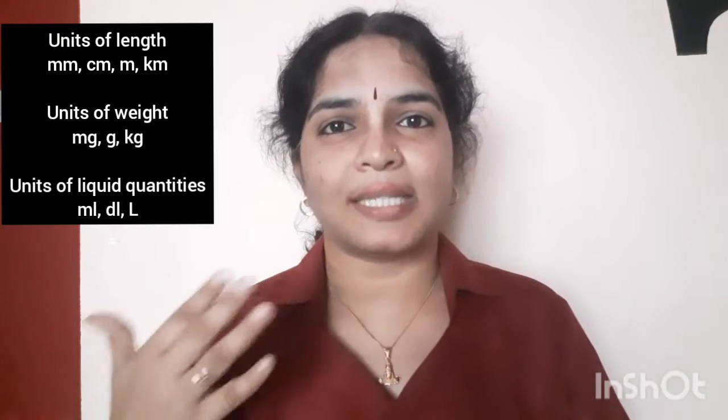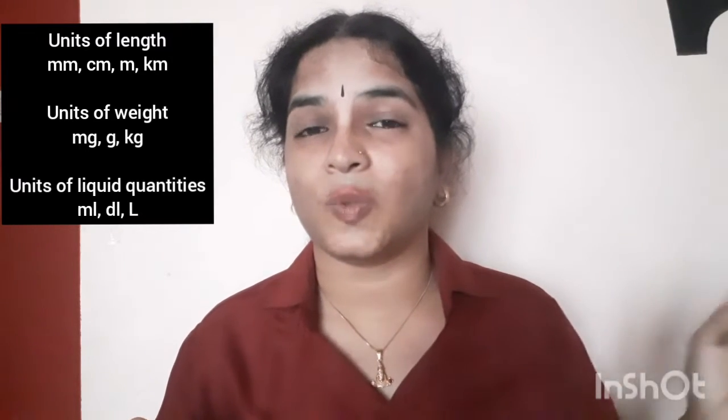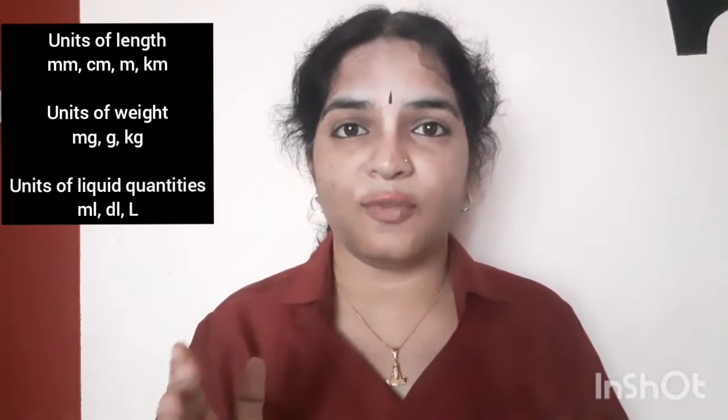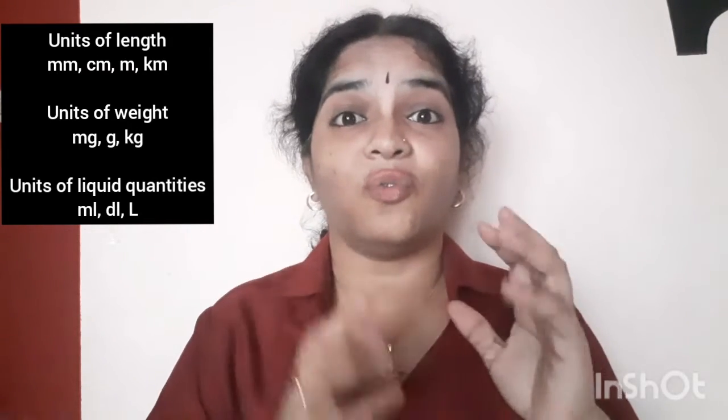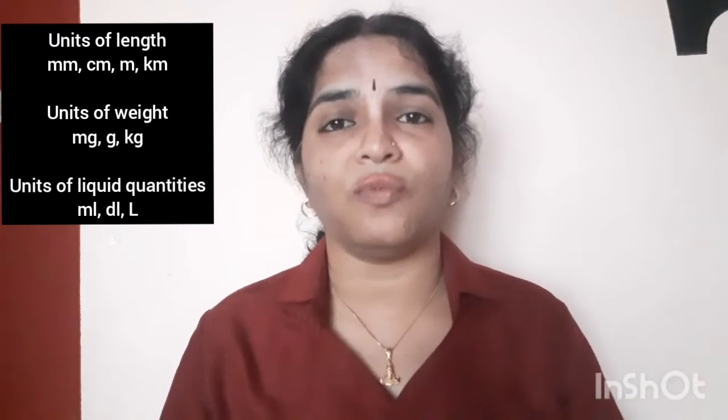First, you will have to understand what the units are for measuring length, weight or capacity. For length, we use centimeter, meter, kilometer, these kinds of things. So don't get confused with kg and all. For weight of things, we use gram, kg and things like that.